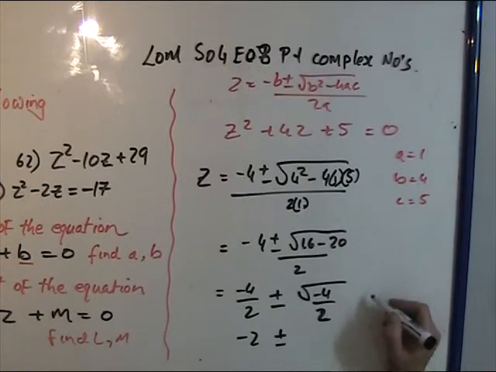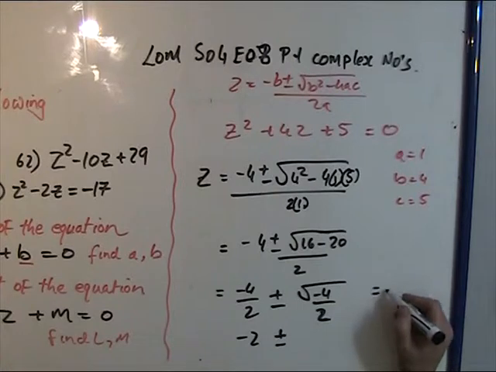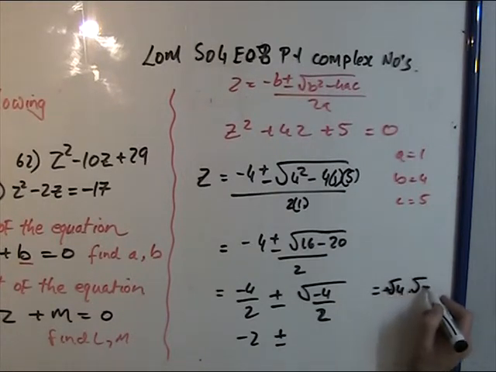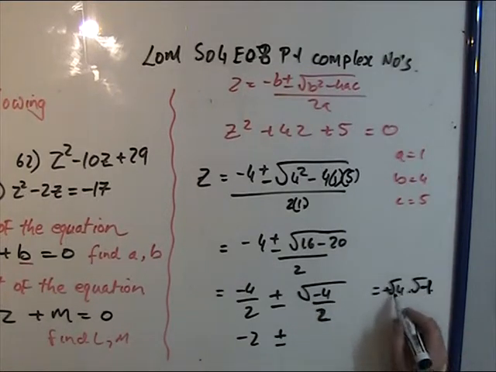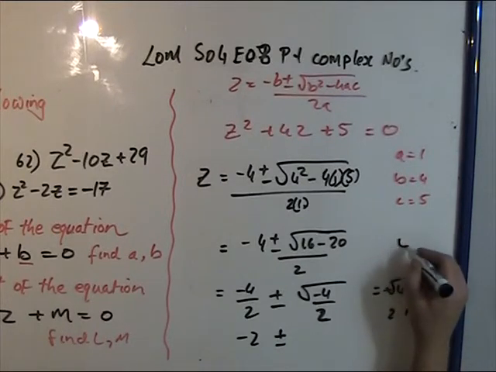You know that root minus 4 is going to equal root 4 times root minus 1. You took out the minus from the minus 4, and so you got 2 times i. Do you see that? Because the square root of minus 1 is equal to i.